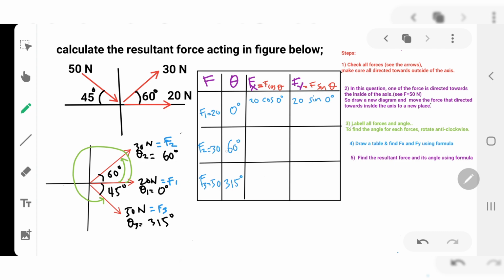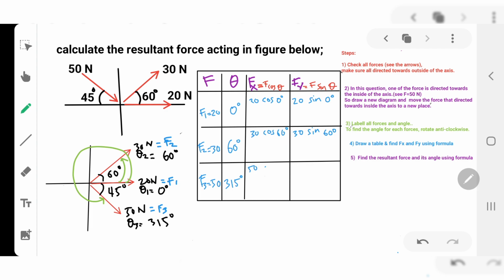So for F2 equal to 30 Newton with an angle of 60 degree, you have to calculate 30 cos 60 degree and 30 sin 60 degree.